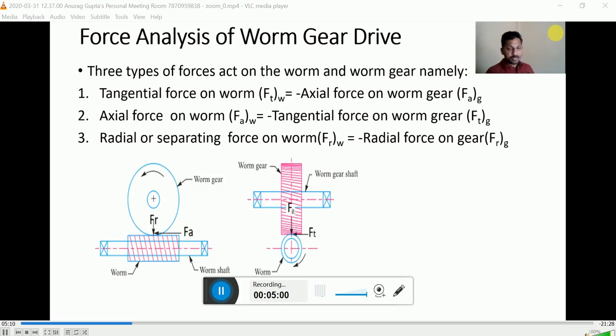So we are considering the worm forces. Now, in the next slide, we consider a worm and all the three forces acting on that worm, and we will try to establish the relationship between radial force, axial force, and the tangential force.